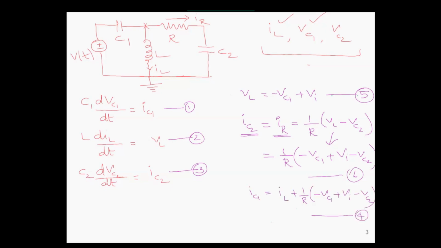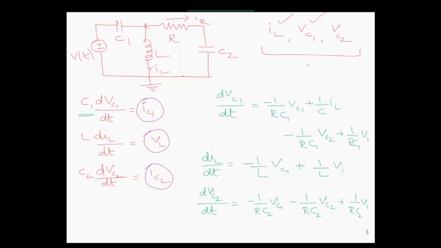Now from equations 4, 5 and 6 we have these three equations. We need to express IC1, IC2 and VL as linear combinations of the state variables VC1, IL and VC2. So we have expressed them in terms of linear combinations of the state variables. Now we replace the right hand side of equations 1, 2 and 3 by using equations 5, 6 and 4.